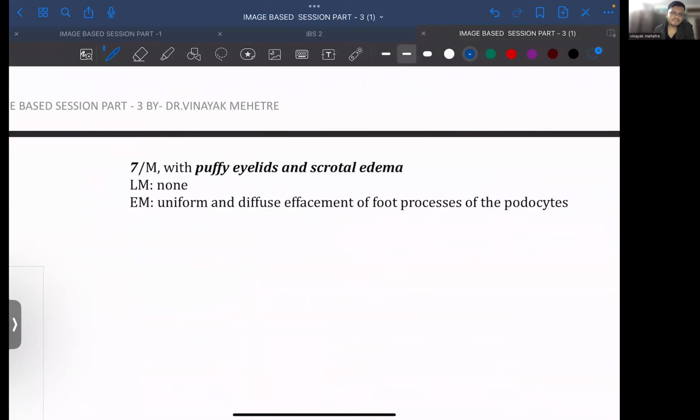What we have seen in membranous glomerulonephritis is two things. One was loss of foot process plus spike and dome appearance.